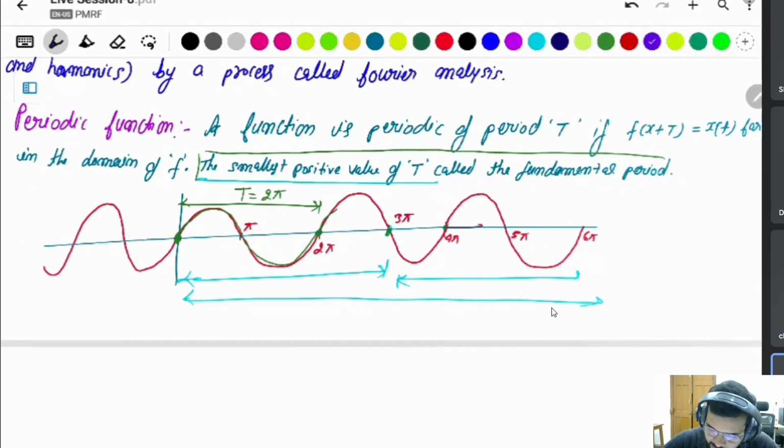If you check otherwise, the signal starts here, ends here, and starts again, so you could choose many time periods. But the actual fundamental time period is the smallest one. That's why it is mentioned in the definition.